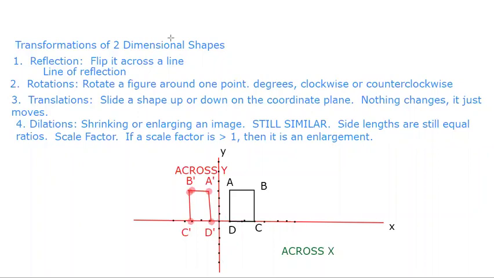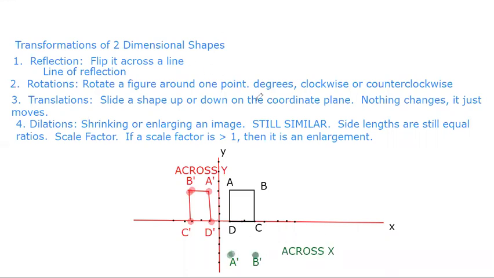A is 4 up, so A prime will be 4 down. B is 4 up, B prime will be 4 down. So there's A prime and B prime.